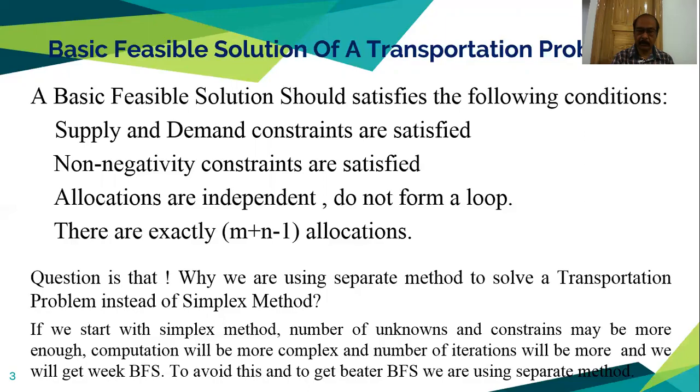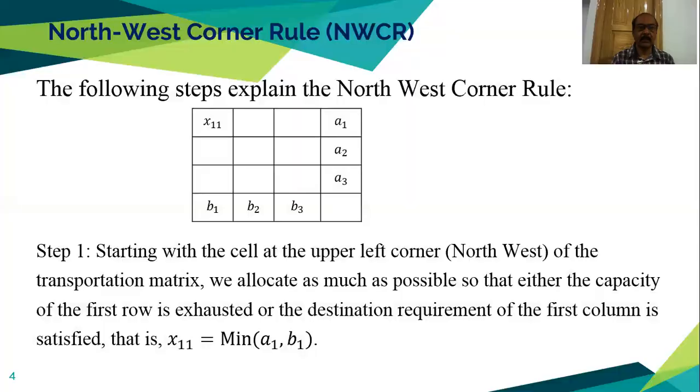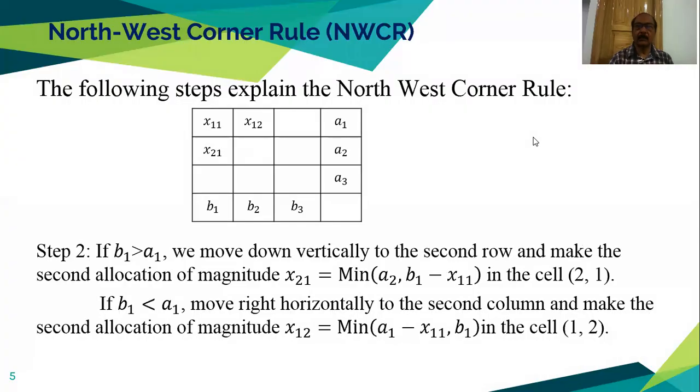What are the different methods we learned? First, we use the northwest corner rule to solve the transportation problem. Now, what is the northwest corner rule?